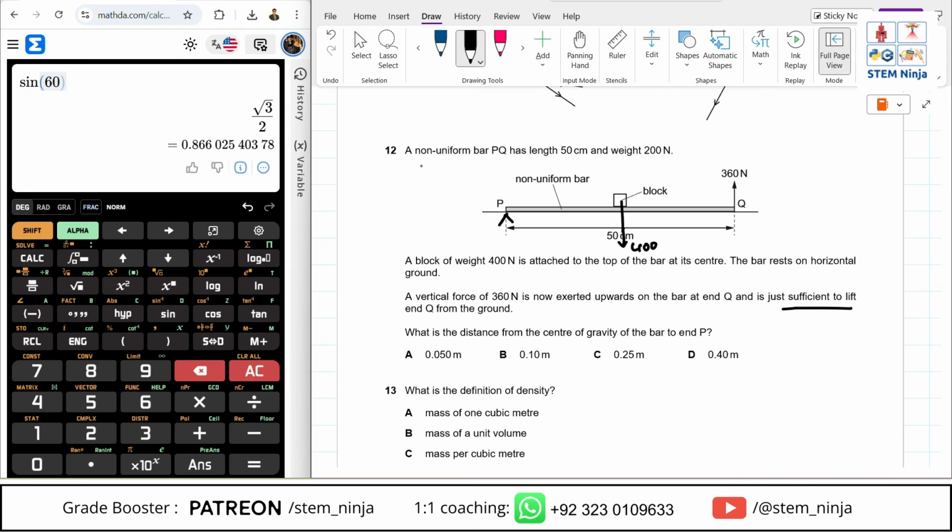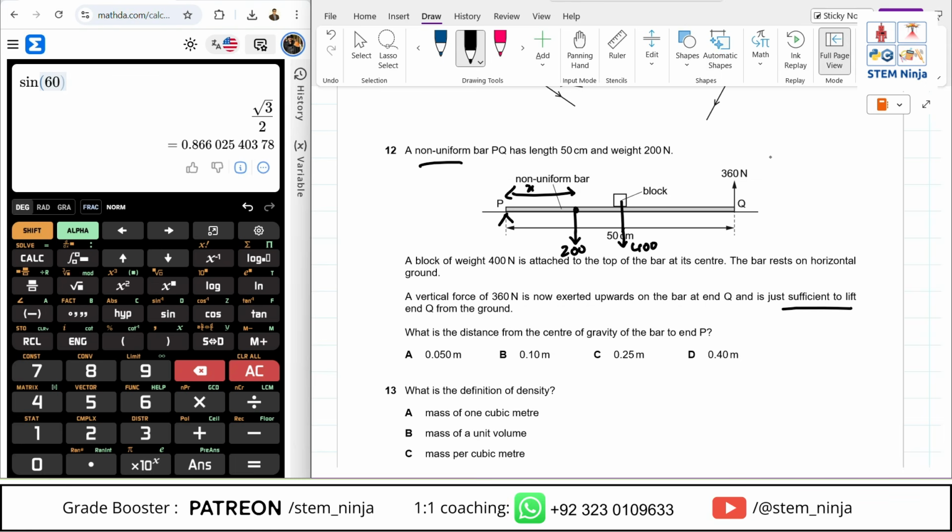Finally, when it says non-uniform, this means that the center of gravity is not at the center, which means the block is not sitting at the center of gravity. The center of gravity is somewhere else. Let's give this x over here, and the weight is 200 newtons.